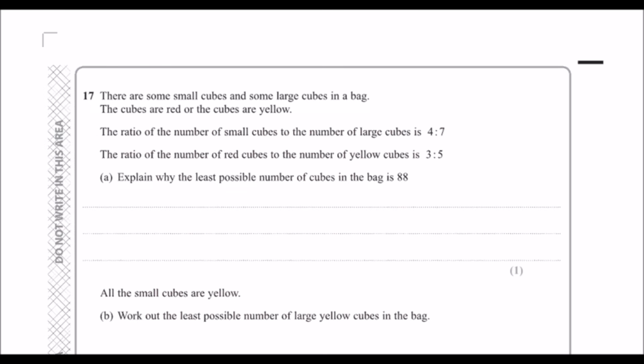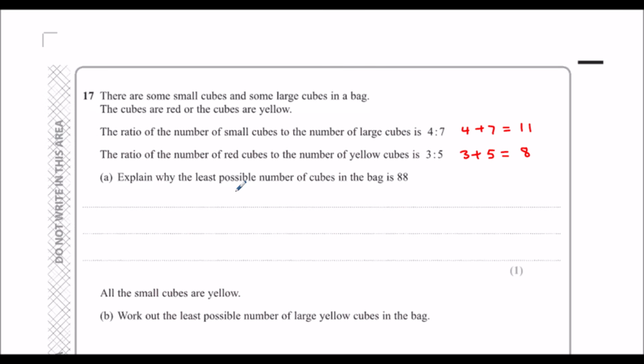So the number of cubes in the bag has to be a multiple of 4 plus 7, which is 11, and it has to be a multiple of 3 plus 5, which is 8. So there can be 4 small cubes and 7 large cubes, or there can be 8 small cubes and 14 large cubes. It must be a multiple of this ratio, otherwise we end up with half a cube or a small part of a cube, and the number of cubes has got to be a whole number.